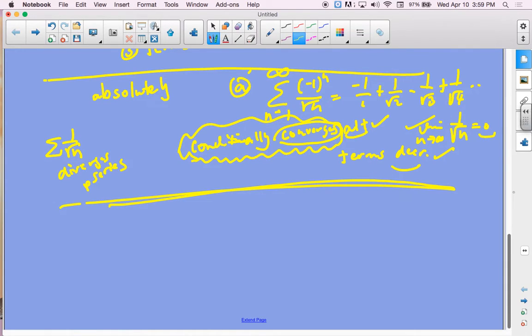One that would be absolutely convergent is next. We have the sum as n goes from 1 to infinity of (-1) to the n plus 1 over 3 to the n. They're using n plus 1 to make it start with a positive, so I get 1 over 3 to the first. Then I get -1 over 3 to the second, plus 1 over 3 to the third, -1 over 3 to the fourth, and so on.